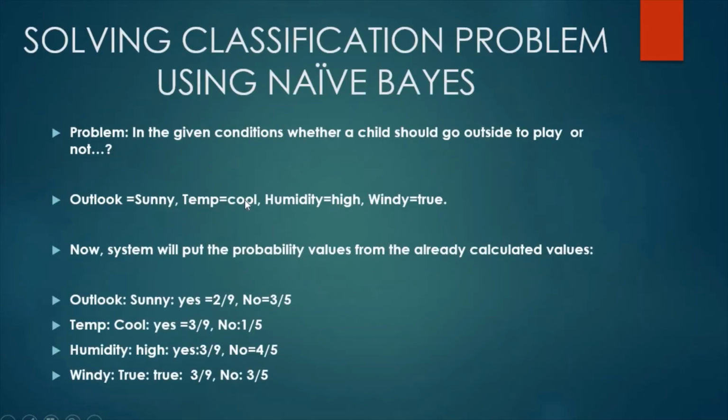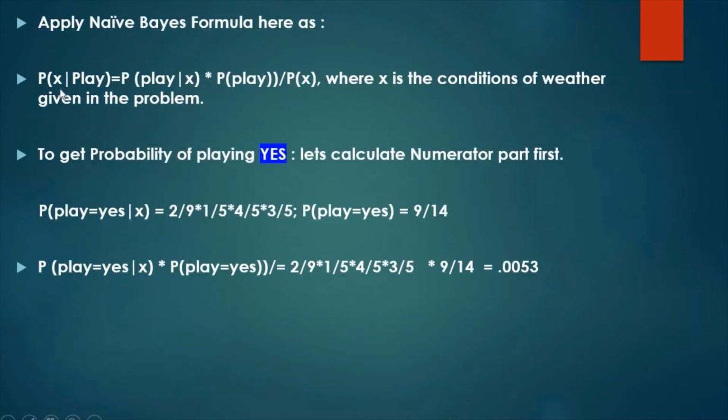To get the probability of playing yes, let's first calculate the numerator part of this equation. We are calculating it for yes, so we write play is equal to yes and the condition is given.